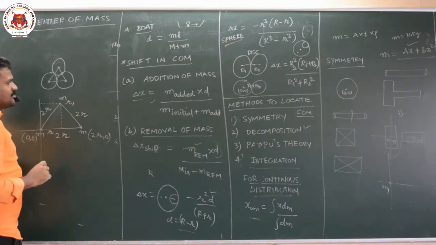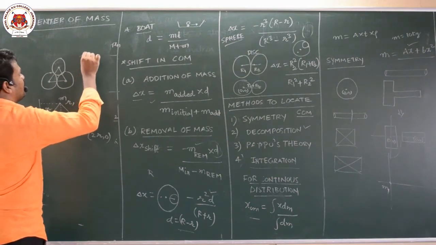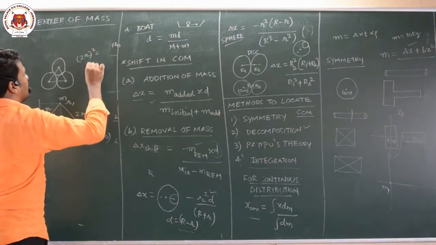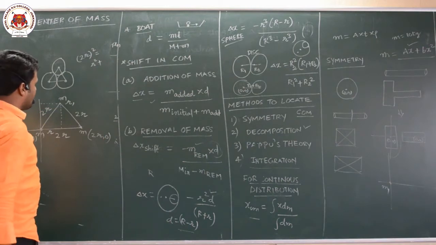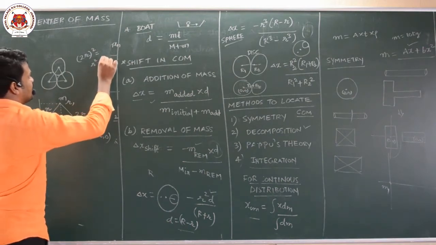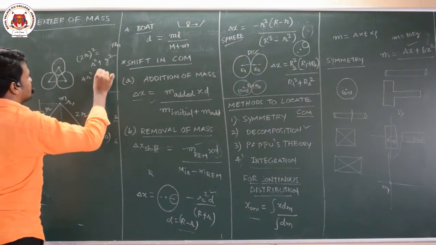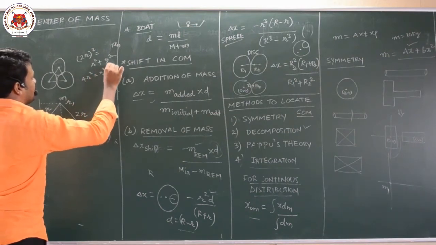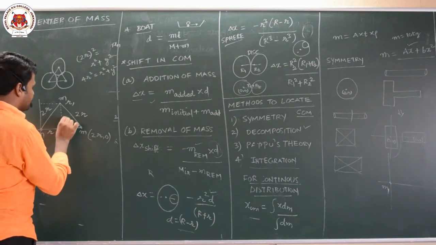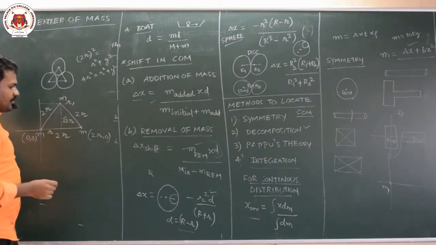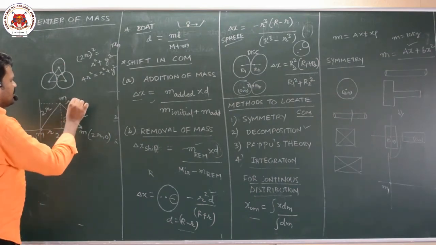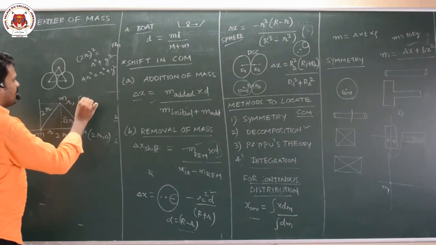You can find it by using the Pythagoras theorem: 2r whole square is equal to r square plus y square. So 4r square is equal to r square plus y square. Y is equal to root 3 r you will get. Then this point is (r, root 3 r).